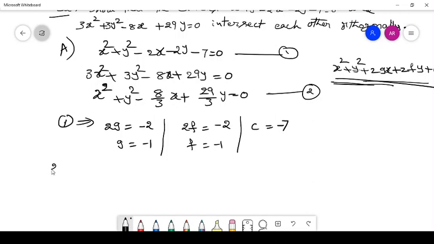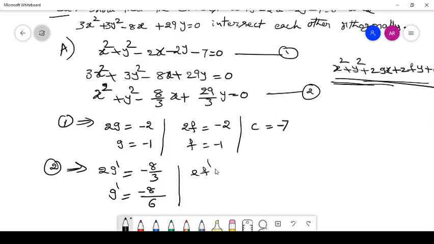Next, the constant is minus 7. From the second equation, here we are taking g dash, f dash, c dash. 2g dash is nothing but the x coefficient, minus 8 by 3. Then g dash is dividing by 2, so minus 8 by 3 by 2, by cross multiplication 2 3s are 6, that is g dash.